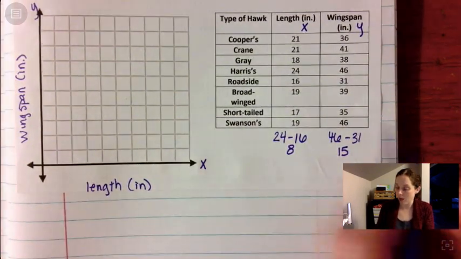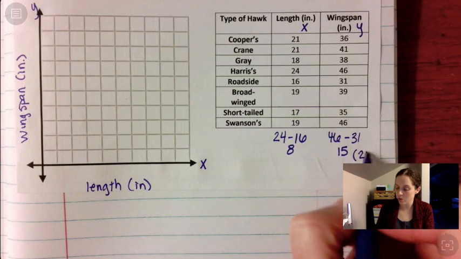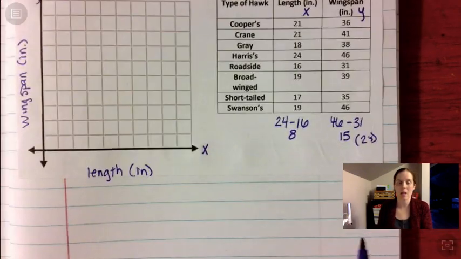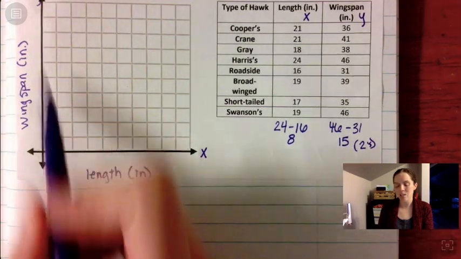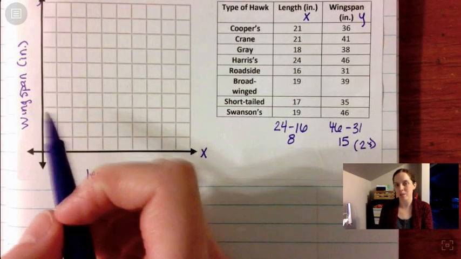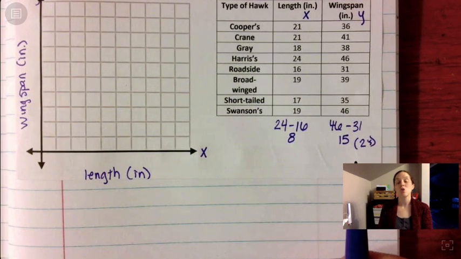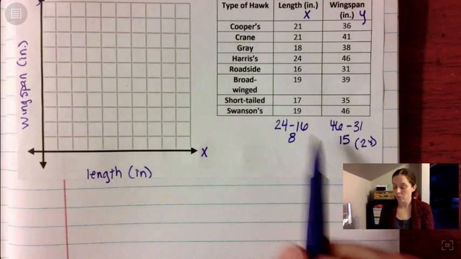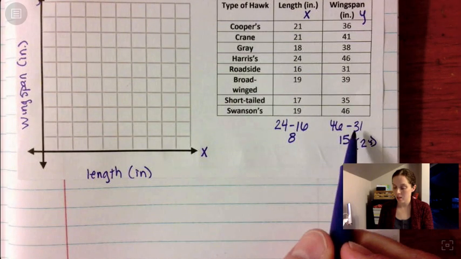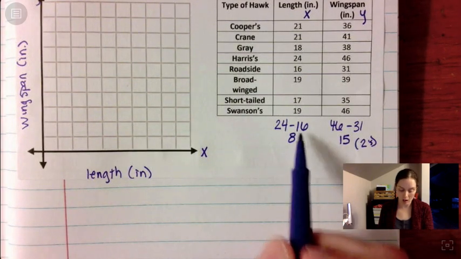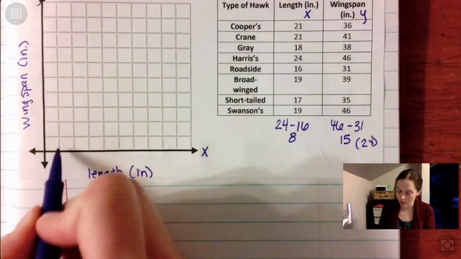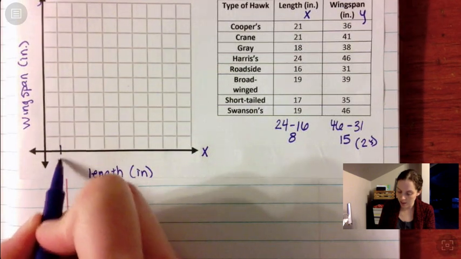I'm going to count by twos, okay? Because if I have 10 squares and I count by twos, that'll give me 20 spaces and I need 15. So that's pretty close to that. So we're going to start, though, with the lowest number here. So I had 16 was my lowest. I'm just going to put it right here, 16.